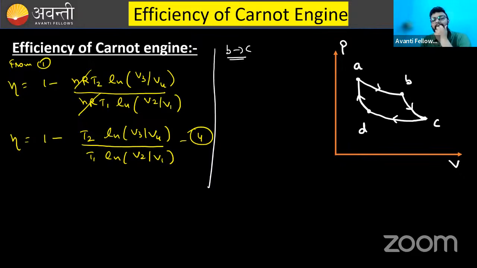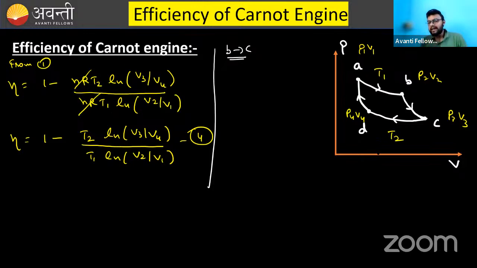B to C is the adiabatic process. What we have seen here, this is P1 V1, this is P2 V2, this is P3 V3, and this is P4 V4. The temperature here is T1, the temperature here is T2.